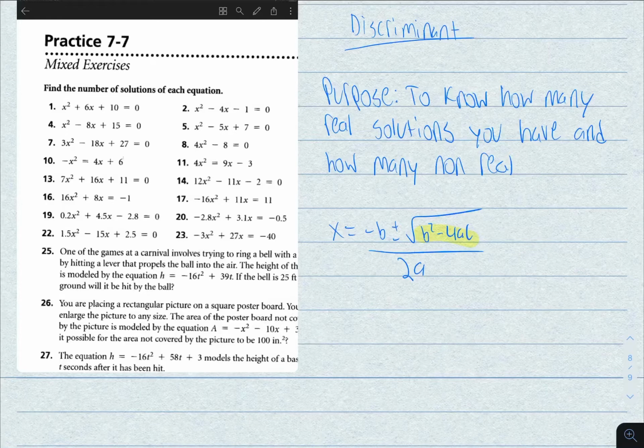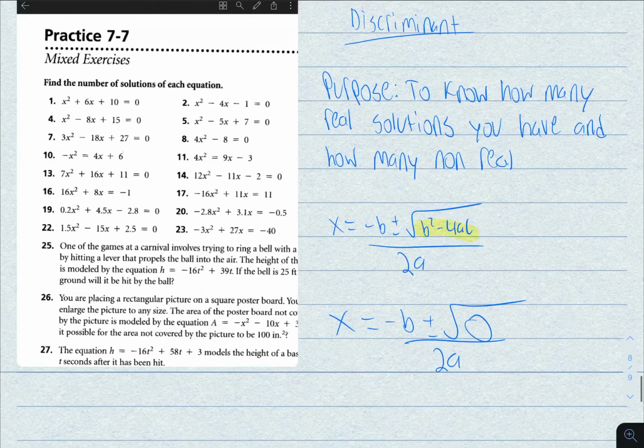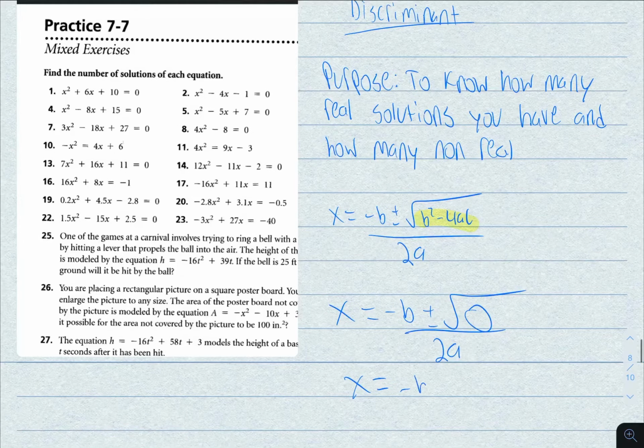So if what's inside the square root turns out to be 0, then that means we really just have our answer for x in the quadratic formula. Our answer for x in this case would be negative b divided by 2a plus 0.